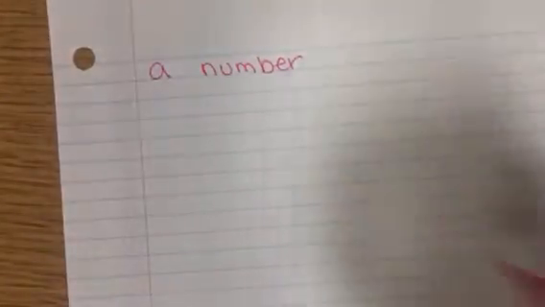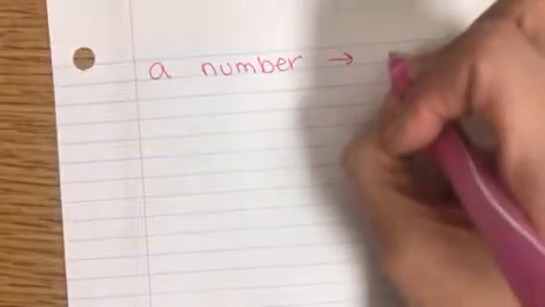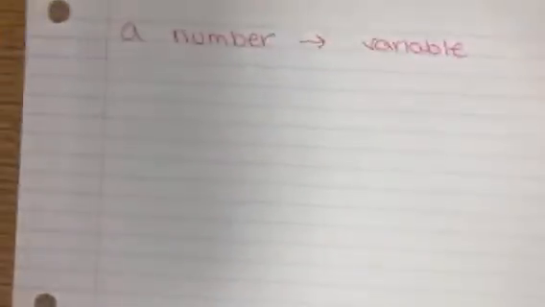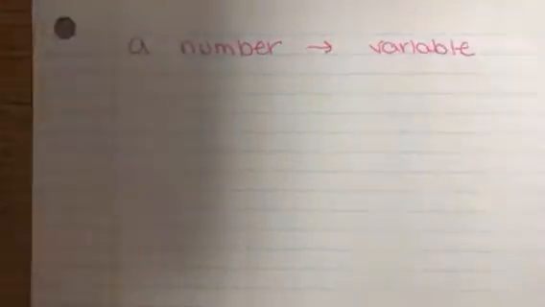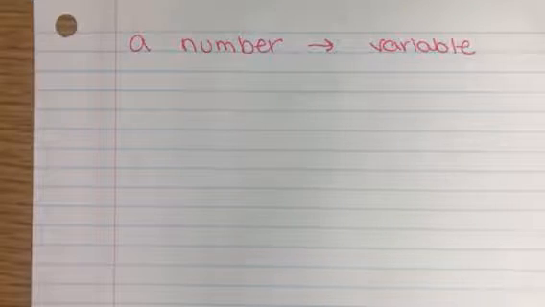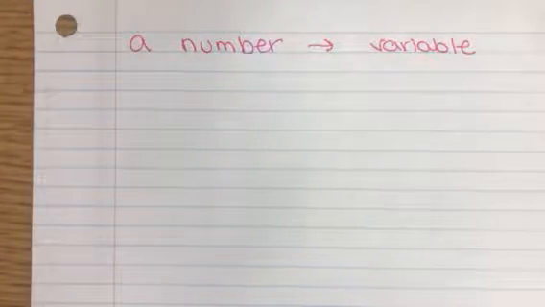For example, if we read something that's talking about a number, we need to know that we are going to replace that with some type of variable, whether that's X, Y, T, W, and because we're looking at systems today, that means there's a couple of things we need to keep straight in terms of having two variables.